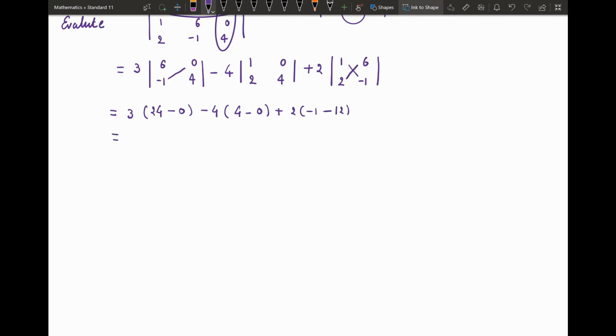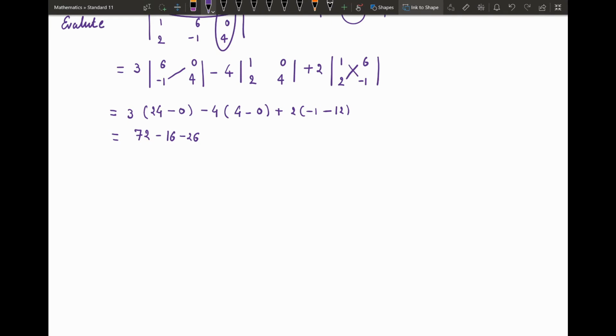So now we can simplify this. Minus 16, minus 26. Now you can simplify. This will be the value of the given 3 by 3 determinant.